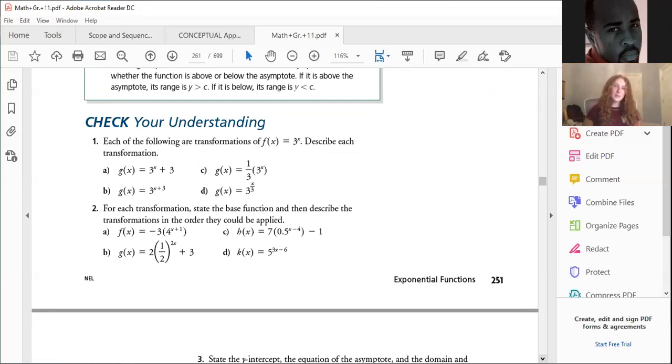It's been vertically stretched by a factor of 3 and horizontally compressed. Hold on. Did you say vertically stretched by a factor of three? Number 1D? Yes. Oh, wait, is that 3 a base? Oh! It's been horizontally compressed by 1 over 3.